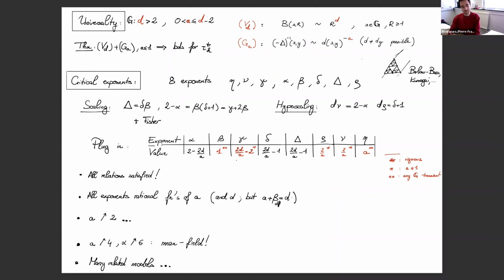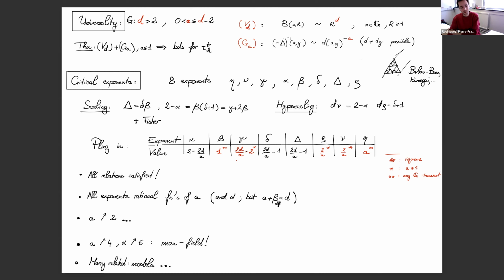And of course, it's good that we can actually see these exponents, and now these models that I introduced relate to many other models. I mentioned a few: loops, vacant sets of random walks, etc. And so you wonder whether or not these exponents describe those models as well.